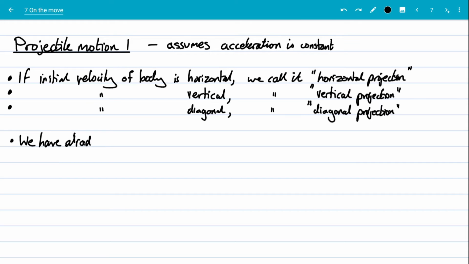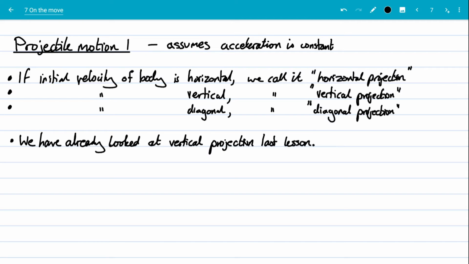We have already looked at vertical projection last lesson in those two examples that we gave.